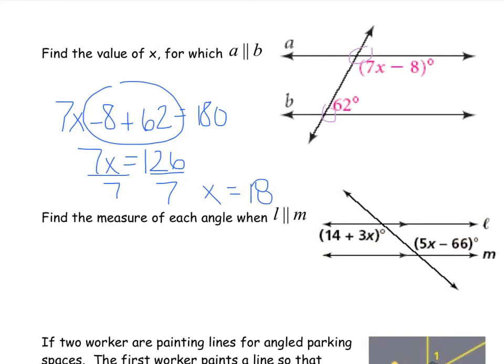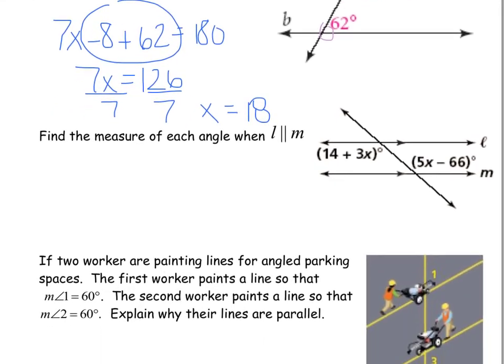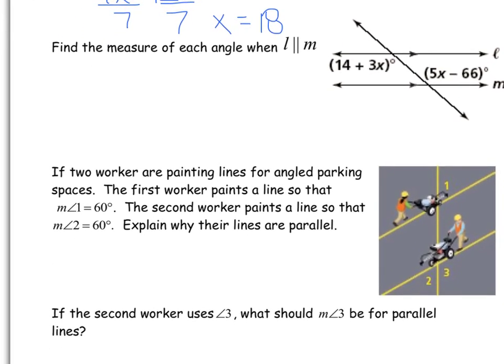Now remember, all these problems, you guys should be trying to do them before you watch me do it. In this example, find the measure of each angle again. Identify the relationship. We have an obtuse angle and another obtuse angle, so most likely they're going to be equal to each other. And they're alternate interior, so since they're not same side or linear pair, they're definitely equal to each other.